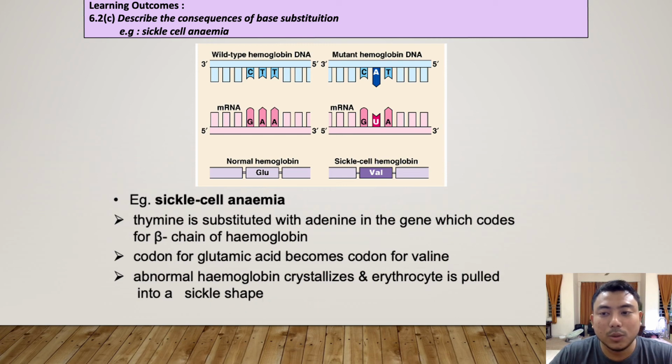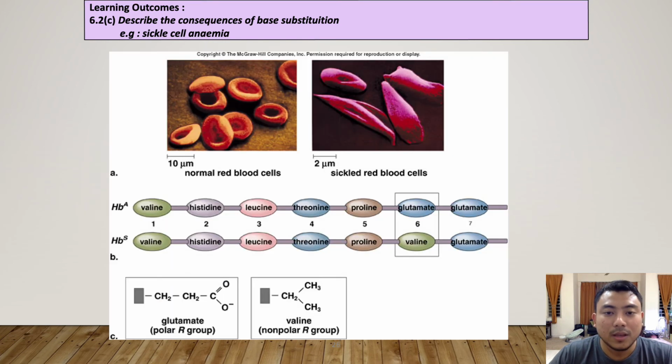So sepatutnya bentuk tu biconcave, dah jadi bentuk sickle cell shape. So this is how the sickle cell red blood cell looks like, and this one is the normal red blood cell. Hanya tukar satu amino acid sahaja, glutamate tukar menjadi valine. So dah menyebabkan this serious disease.